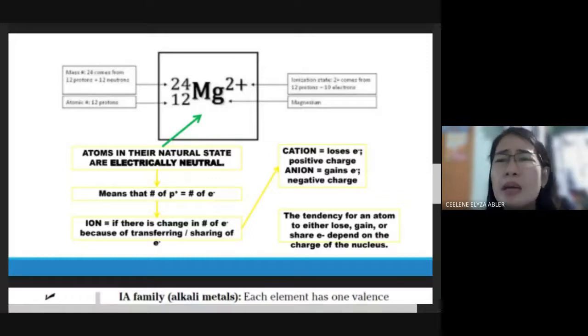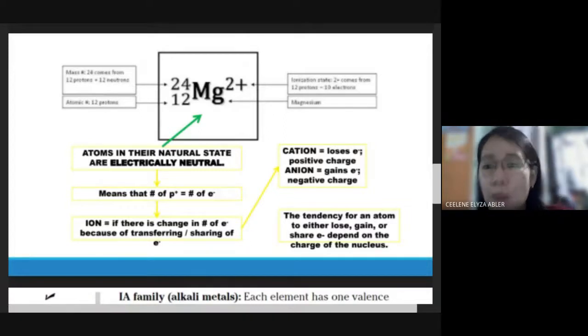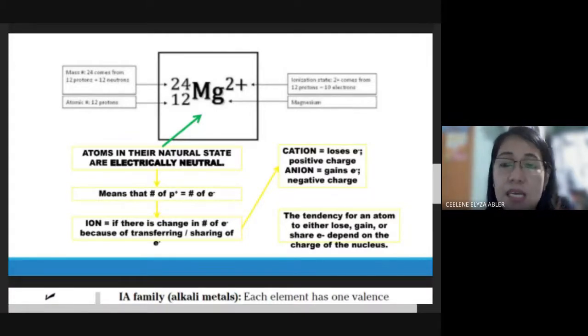It's because that's the reason why elements are able to bond to form compounds. And compounds are able to form bigger compounds. Okay, so yun siyang ginagamit natin.